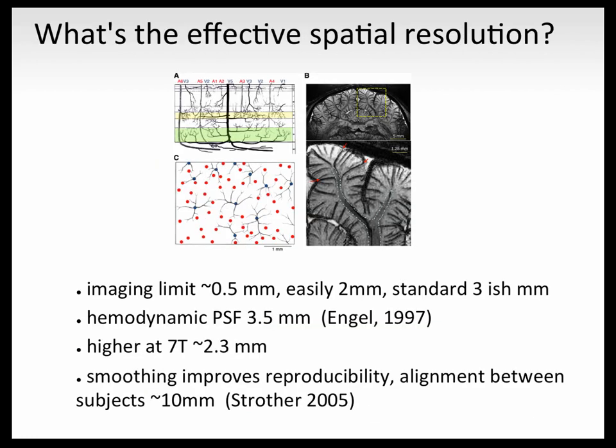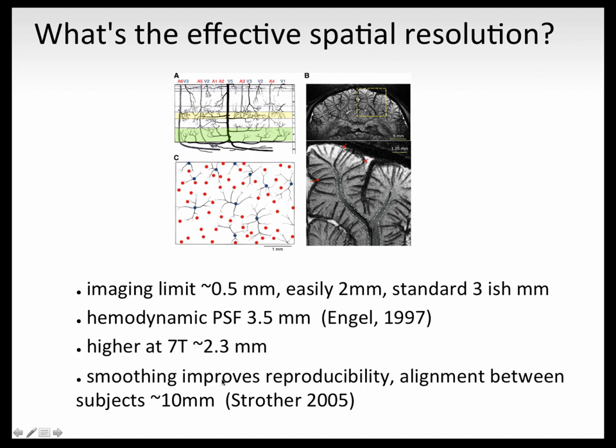So you may get no further gains from either getting a bigger voxel or a smaller voxel in that case. Of course, if you remember from before, the way the vasculature is distributed, you don't actually get an even signal across the imaging field. In fact, it's spread by about 3.5 millimeters from the signal that we're looking at. If you go to higher fields, you get better spatial specificity.